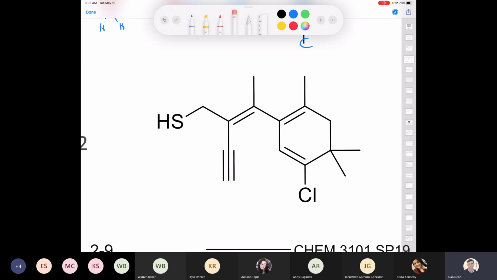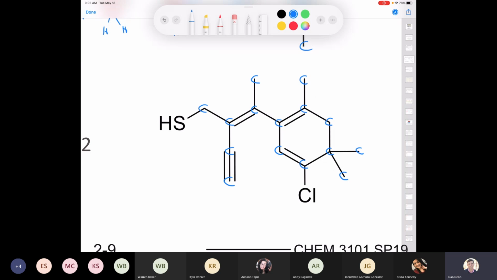I got 15. Let's see. We have 1, 2, 3, 4, 5, 6, 7, 8, 9, 10, 11, 12, 13, 14, 15. So I count 15 carbons total in this molecule. All right, so I say there's 15.